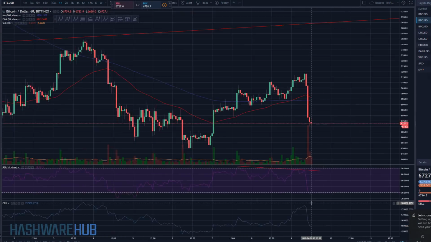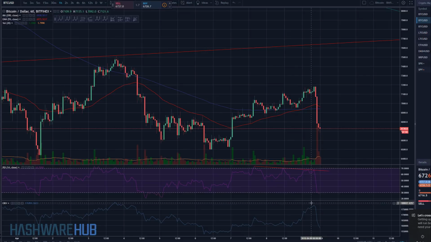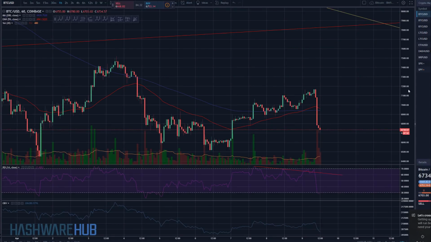On Bitfinex, we had the opposite happen. Unbalanced volume started rocketing up, because of this volume right here. But we have to take that into context with the other exchanges too. What happened here? This is Coinbase.